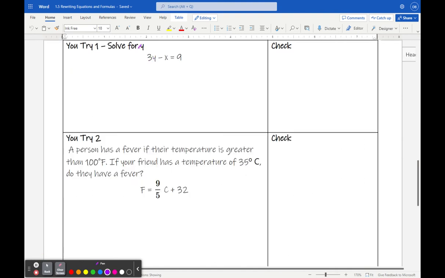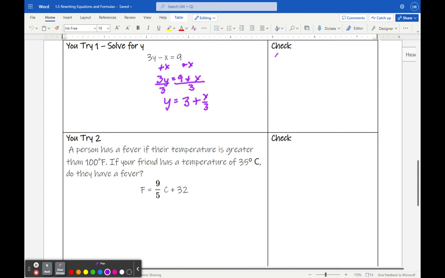And you're back. So the you try 1 was solve for y. Add your x to both sides. 3y equals 9 plus x. Divide by 3 on both sides. I have y is equal to 9 divided by 3 is 3 plus x over 3, or plus 1/3 x.